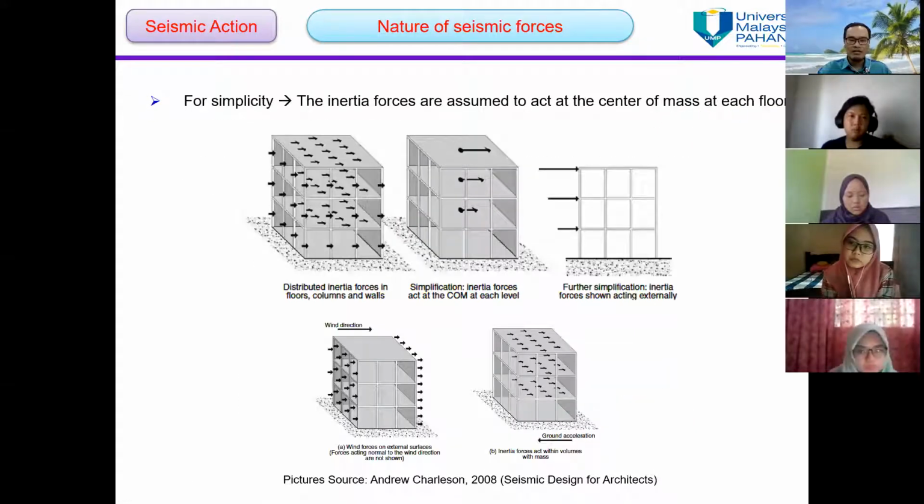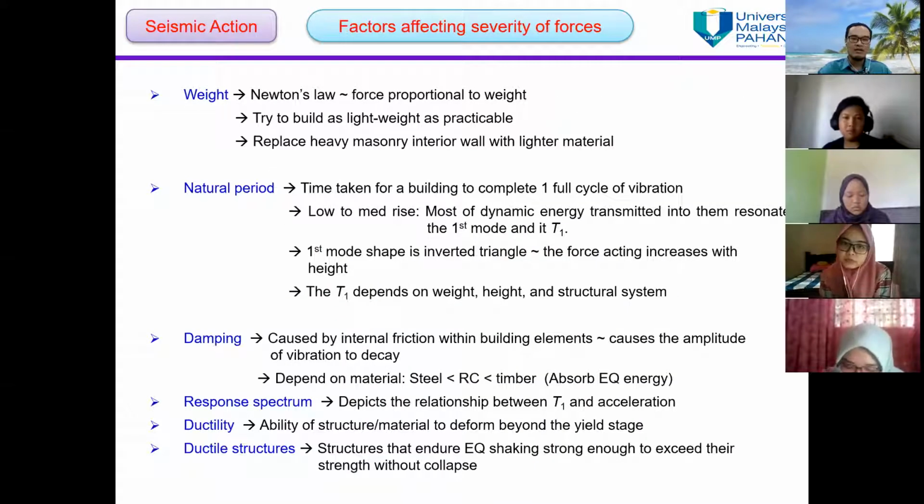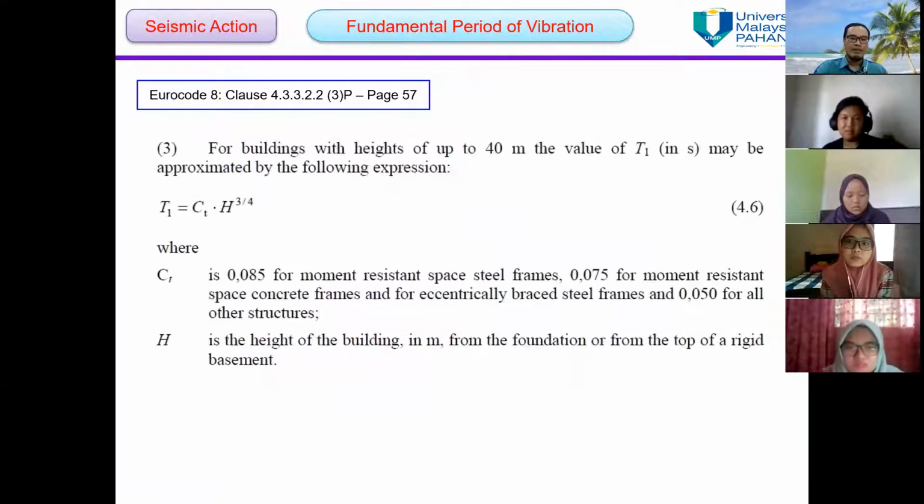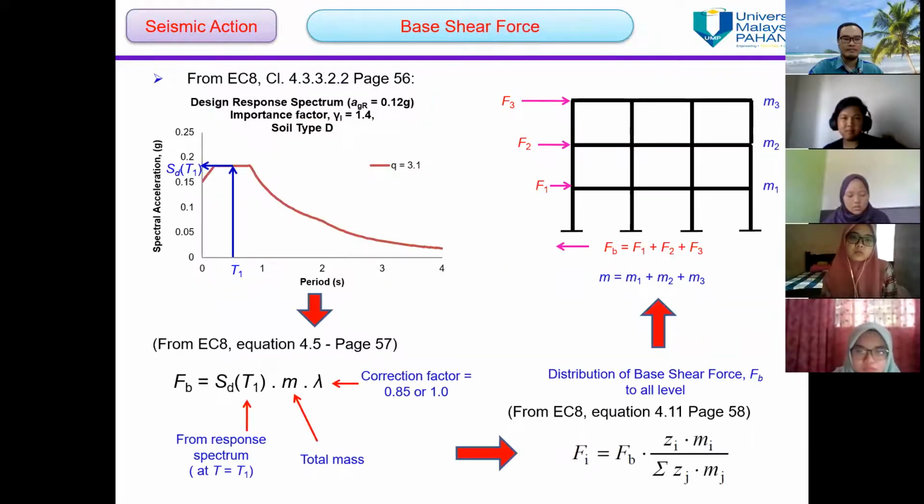This is the simplification of the forces, and these are the factors affecting the severity of forces, and how to determine the fundamental period of vibrations, which strongly depends on the structural system, materials, and the total height of the building.